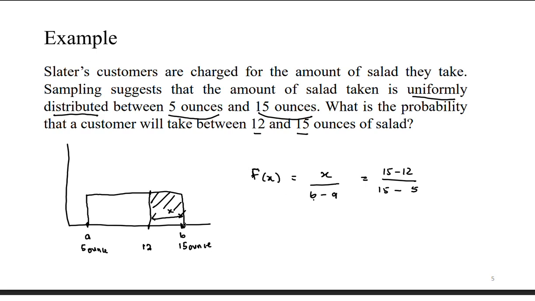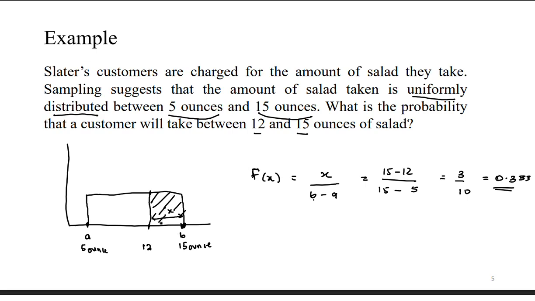And so in this case, we want to know the probability that somebody will take between 12 and 15, given that the interval is from A, which is 5, to 15. So here we are measuring 3 over 5. 15 minus 5, that will be 10. And that will be equal to 0.3. I mean, it's going to be 0.333 repeating. But what we're looking at is there is a 33.3% chance that somebody will take between 12 and 15 ounces if the interval is from 5 to 15.